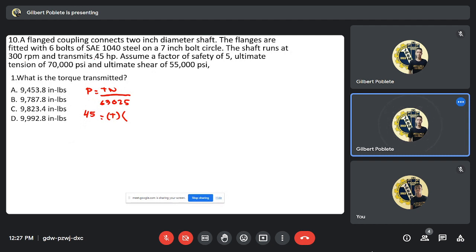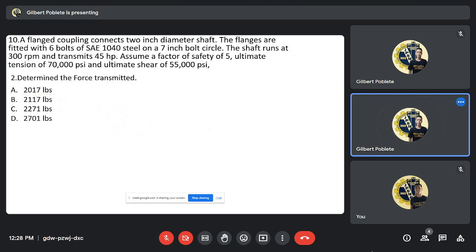So 45 equals T times 300 over 63,025. So we have 9,453.75. So ayan, letter A. Nakuha natin.